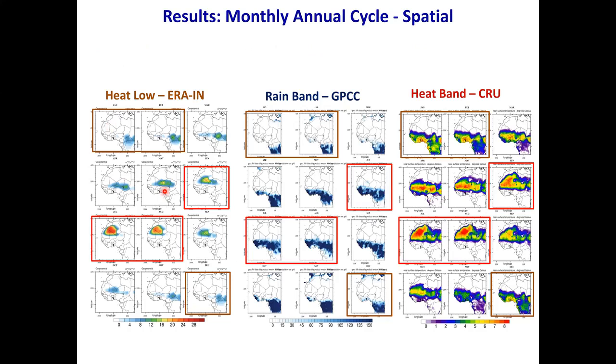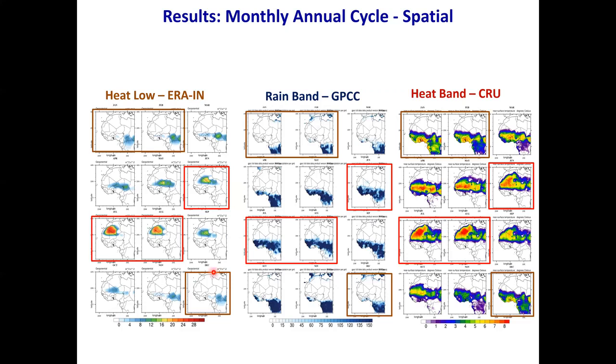So we see that for the heat low in January, we have a circular heat low with low intensity in the southeastern part of the region. And then moving from January to August, we see that the heat low migrates from the southeastern part to the northwestern part of the region. And also the intensity increases. And thereafter, it comes back to the original position in the southeastern part in December.